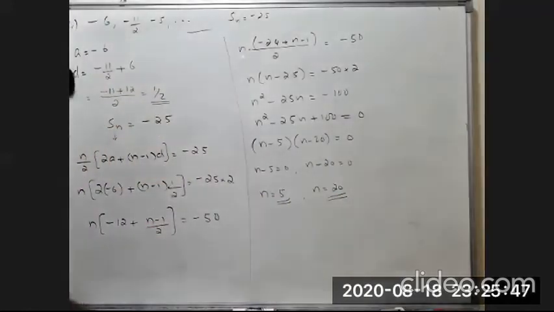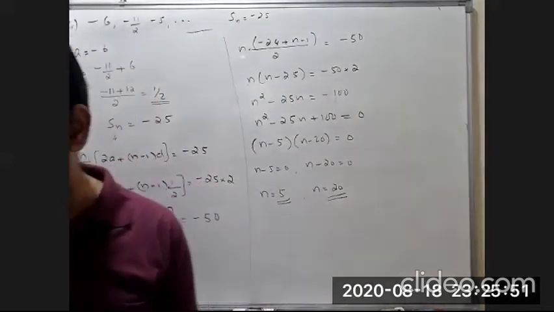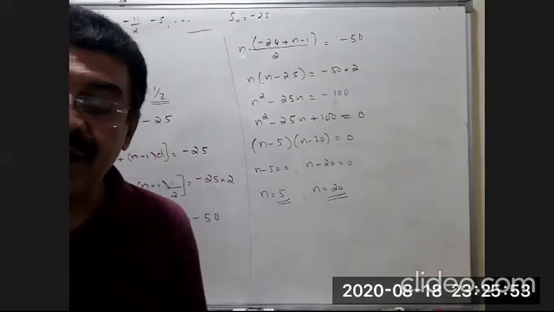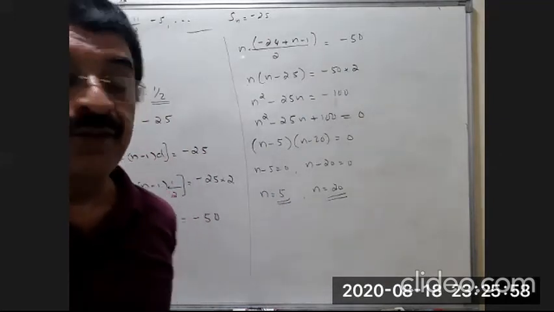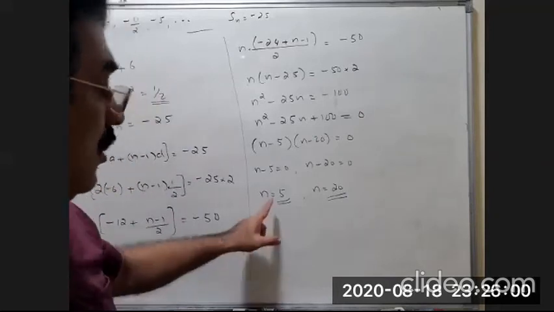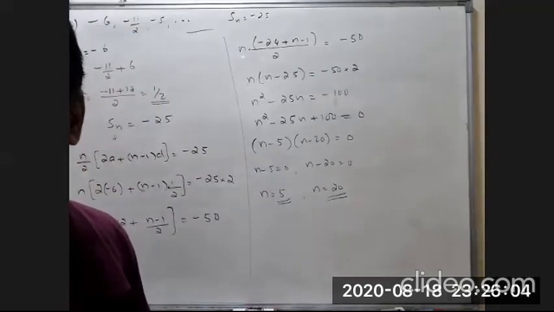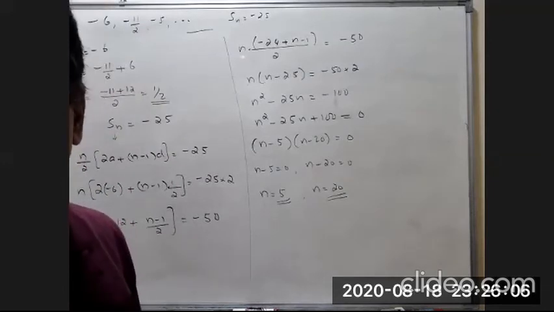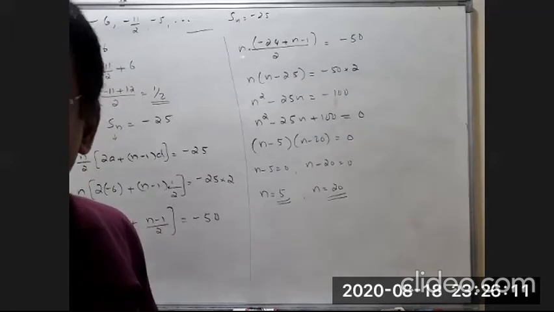Whenever we get two solutions for a quadratic equation, always check whether both values can be accepted. Here, n stands for number of terms. Number of terms can never be negative or a fraction, like minus 5 or 1 by 2.